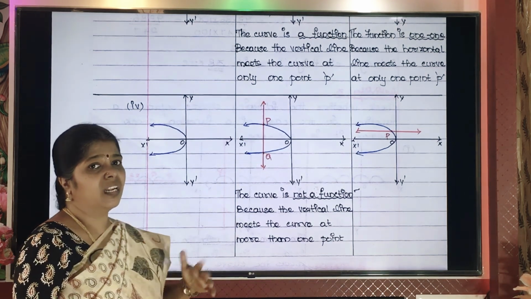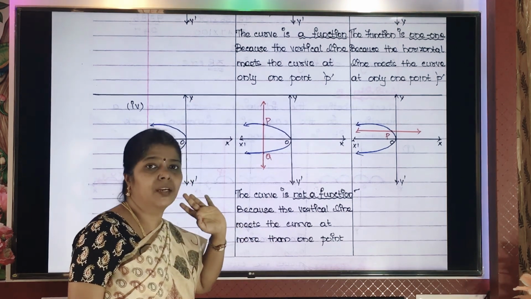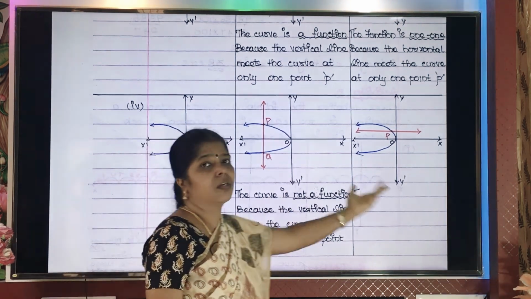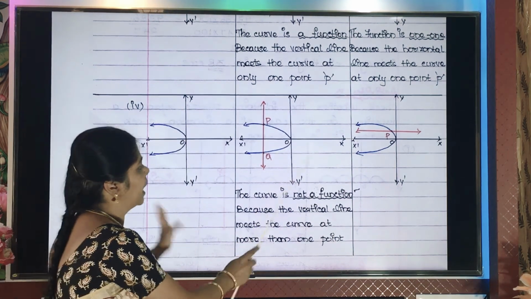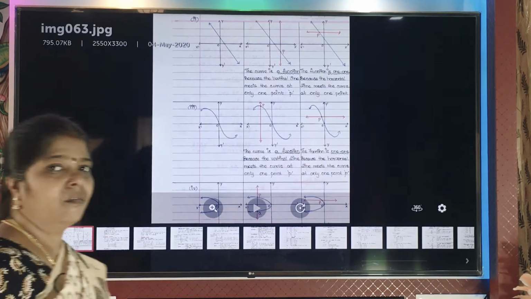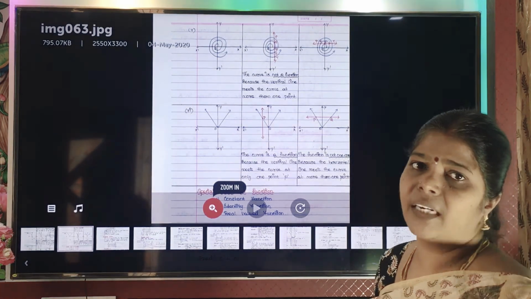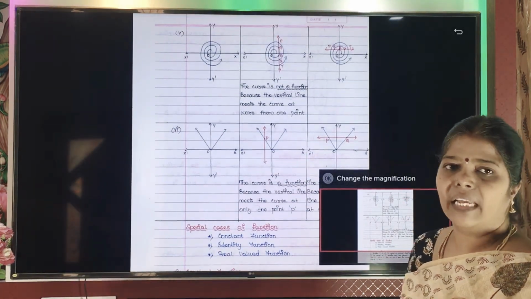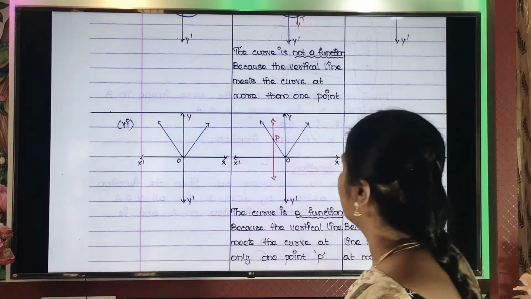So it is intersecting at more than one place, so it is not a function. If it is not a function, then what is the need for checking whether it is one-to-one or not? So simply write that this is not a function. Is it clear? Very simple, no? Just by vertical line and horizontal line, we can check whether this is a function and one-to-one also.